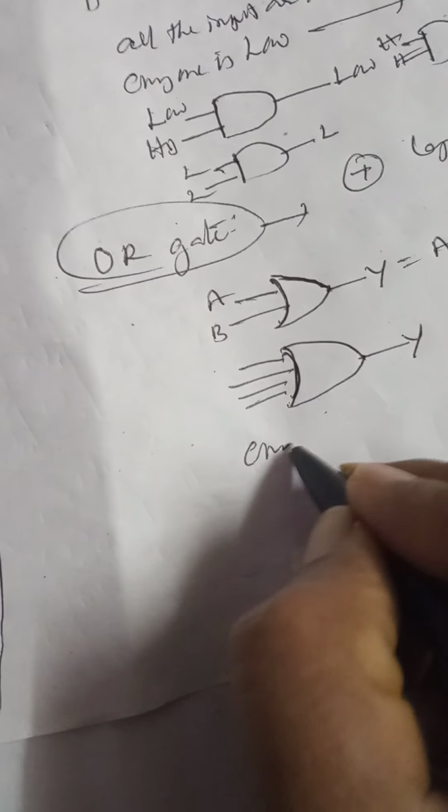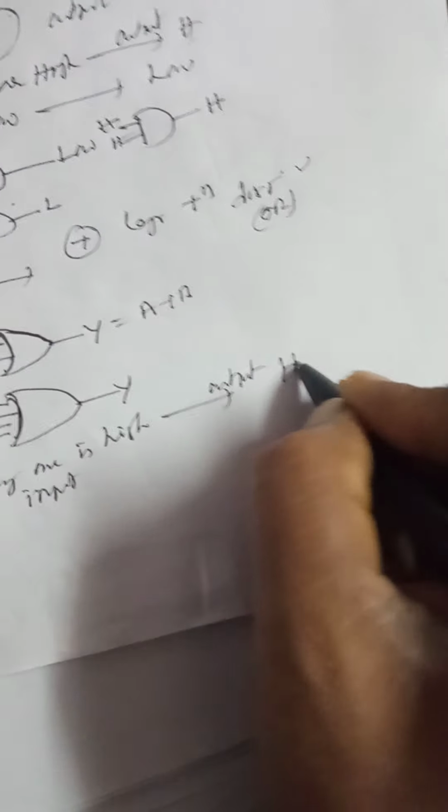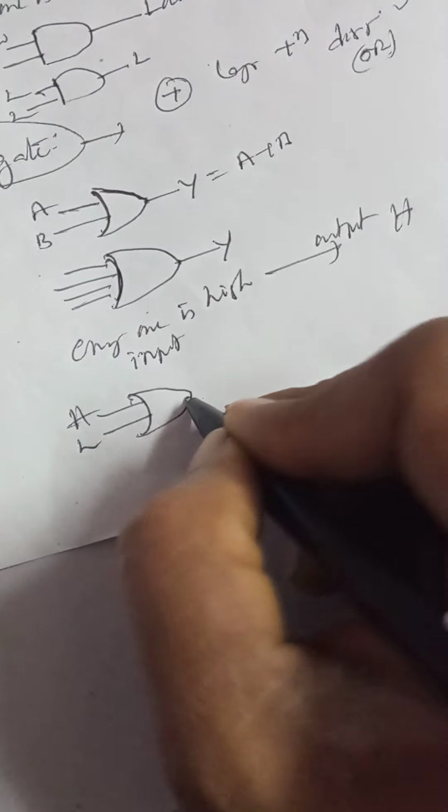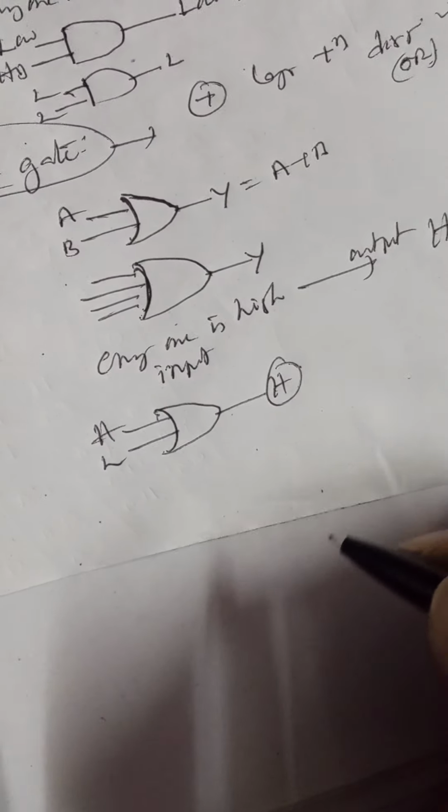Sir, what is the truth table for this OR gate? If any one of the inputs is high, the output will be high only. That means with the curved line like this, this is high, this is low, output will be high only.